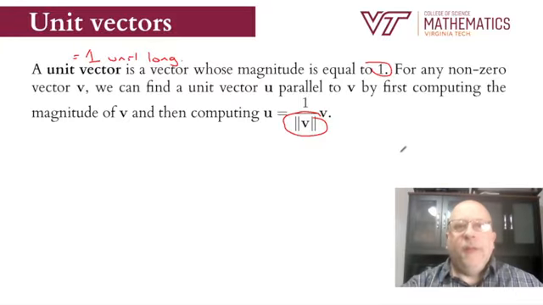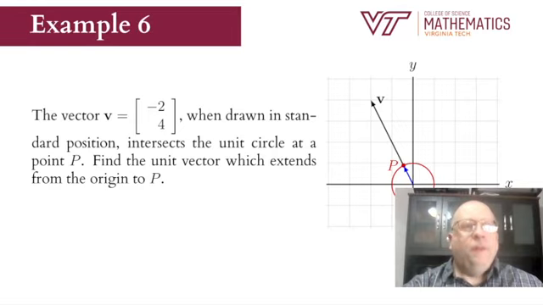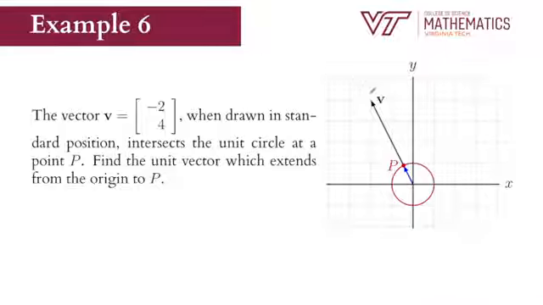I'll show you an example here. In this example, the vector is negative 2, 4. That's 2 units to the left and 4 units up. And this vector crosses the unit circle at a point P. And the vector to point P, this blue vector, this is a unit vector.